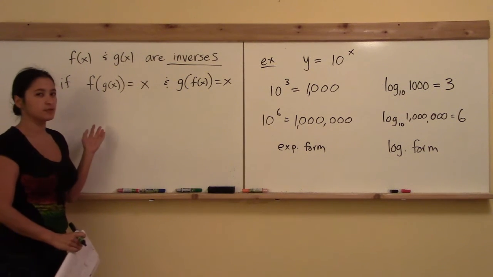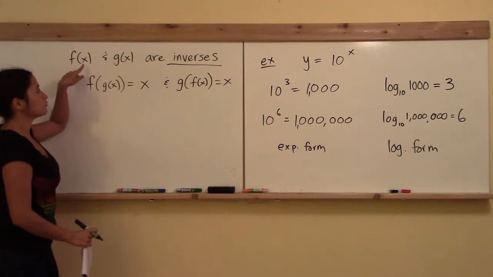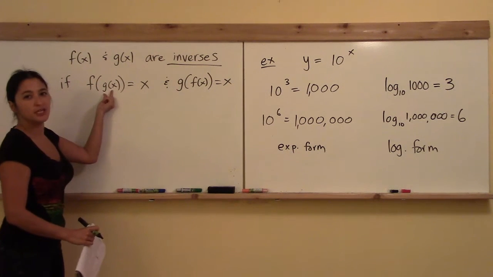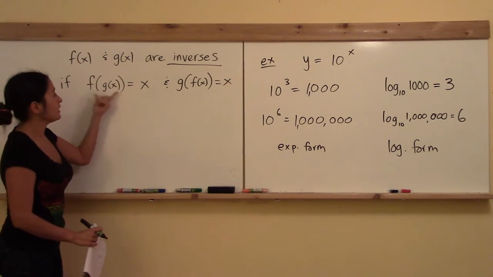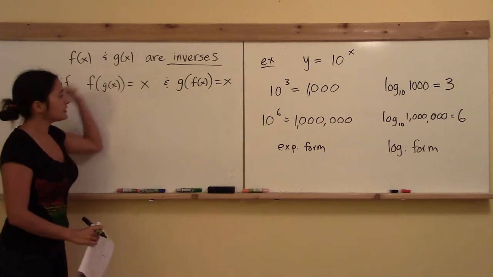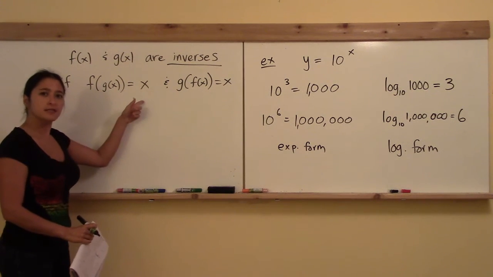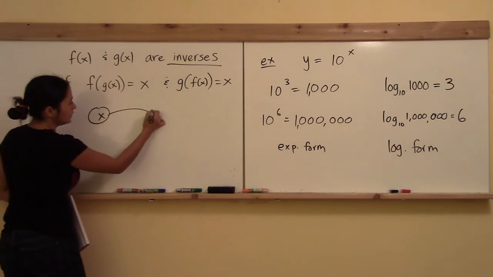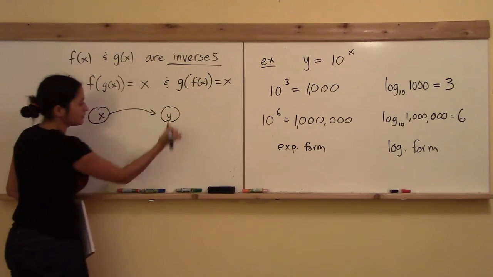So let's just think about this for a minute. X is the original input, right? So if I take x and I put it into g, and then I take the output from that and I put it into f, and then I get back where I started, that's an inverse, okay? Let's think about it this way. We start with an x and we go over to a y, right?